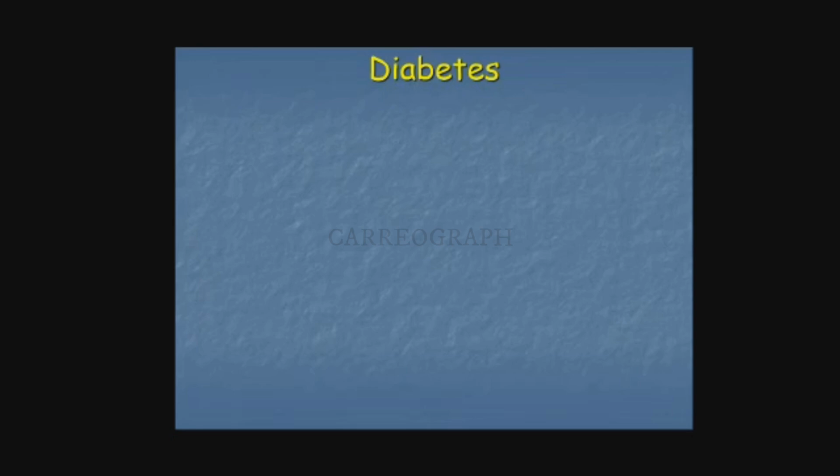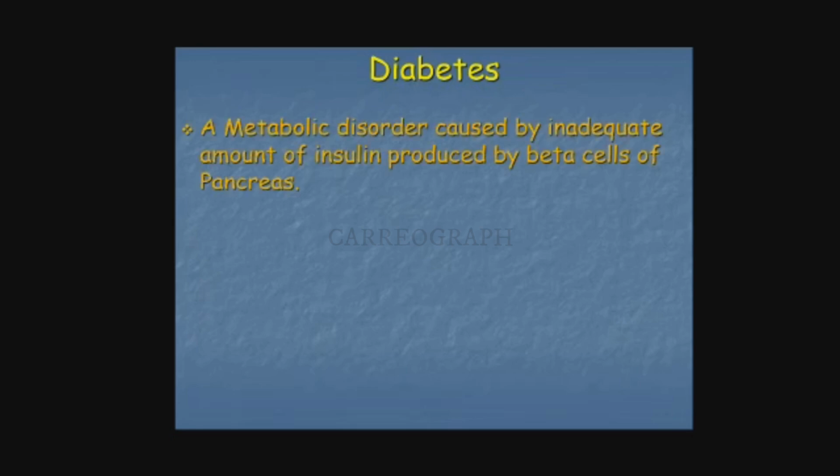This diabetes is a metabolic disorder caused by an inadequate amount of insulin produced by beta cells of the pancreas. See friends, our human body cells have a cell membrane and it is very selectively permeable. It doesn't allow glucose to get inside the cell easily. Therefore, glucose needs the help of insulin, which acts as a gate pass and allows this glucose to step inside the cell.